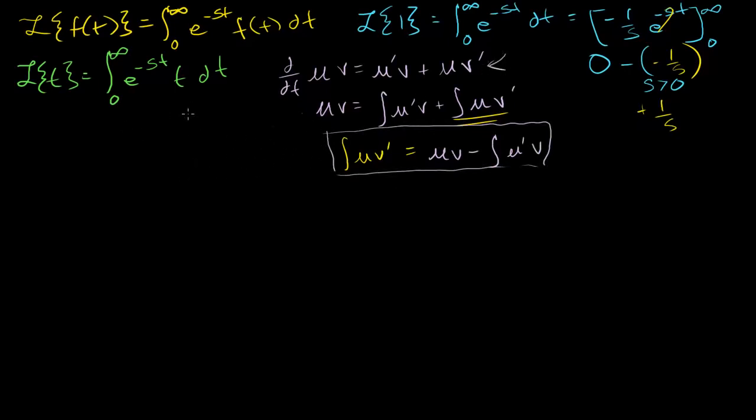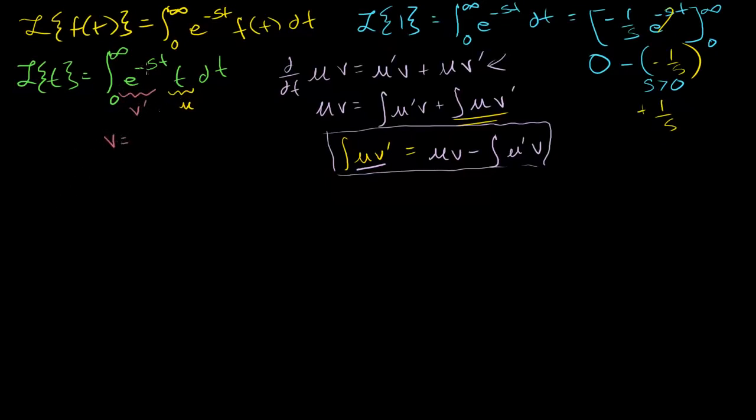So if we're going to do integration by parts, it's good to define our v prime to be something that's easy to take the antiderivative of, because we're going to have to figure out v later on. And it's good to take u to be something that's easy to take the derivative of. So let's make u equal to t, and let's make v prime equal to e to the minus st. If that's the case, then what is v?